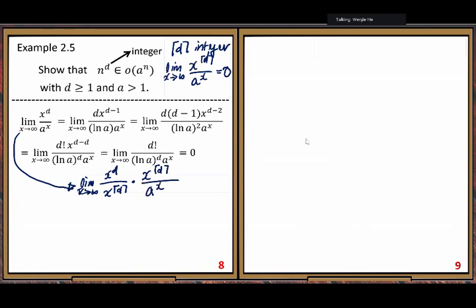Let me split in this way. So this x to the ceiling of d, we use it as a stepping stone to bridge the gap between these two functions.